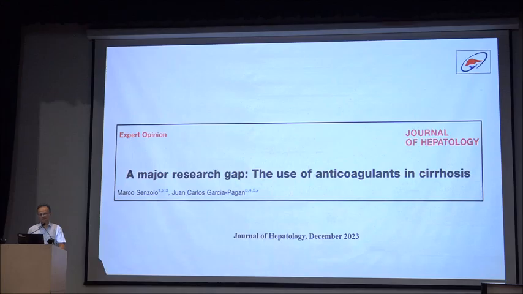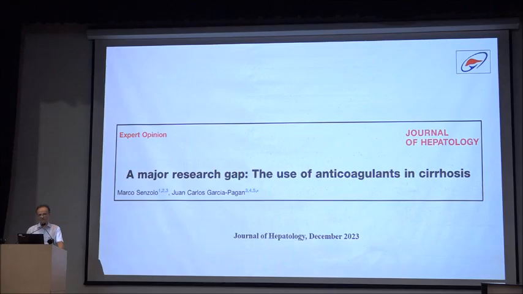So there is a major research gap with regard to the use of anticoagulants in cirrhosis. Only 2 RCTs are there. The first RCT was nearly 10 years back, the Villa study, and the second RCT was just now published, but the patient recruitment was very low. And it is in stark contrast to the anticoagulants analyzed in patients with atrial fibrillation or cardiovascular disease, or in fracture patients for thromboprophylaxis of embolism, where several thousands of patients have been studied.